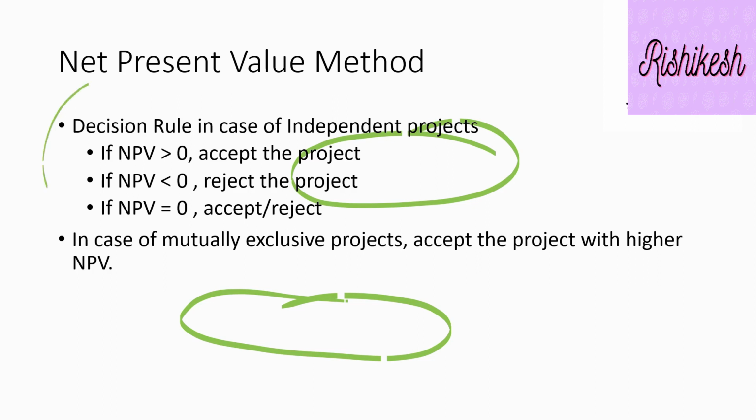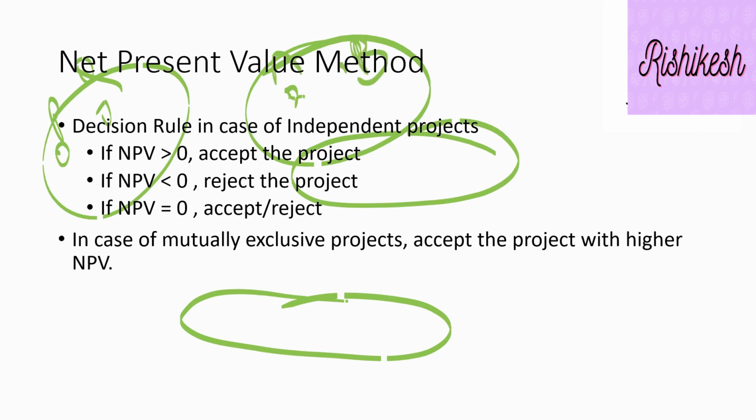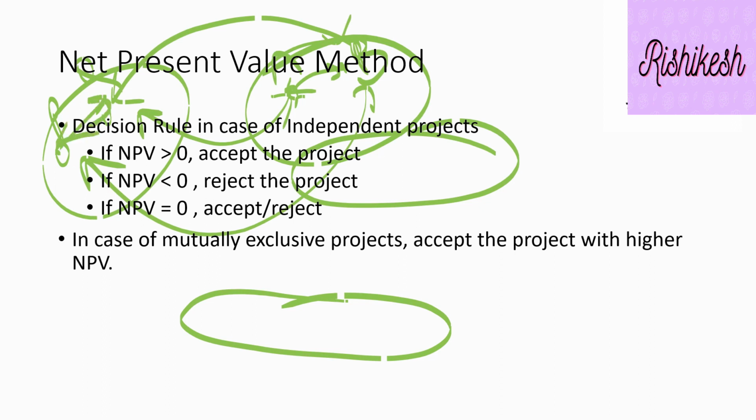If you remember, we discussed these two sets, P, Q, A and B. A and B are mutually exclusive projects, but A and Q are independent. B and P are independent. Similarly, B and Q are independent, but P and Q are mutually exclusive, because P and Q and A and B are located in completely different locations, completely different atmosphere, right? That is why they are considered to be independent projects.